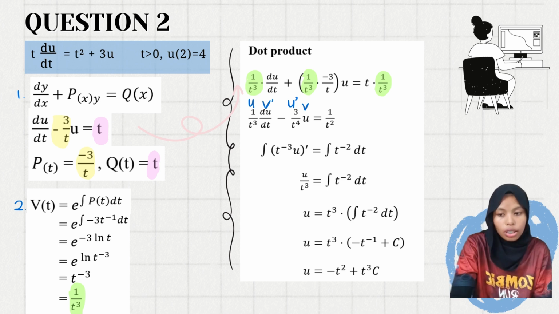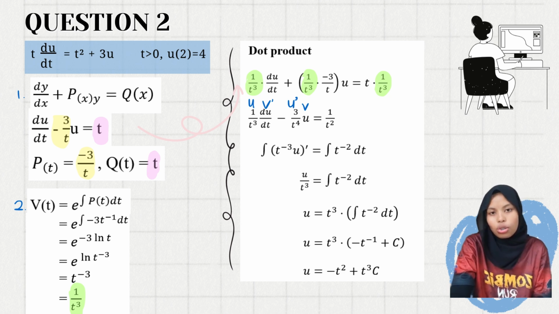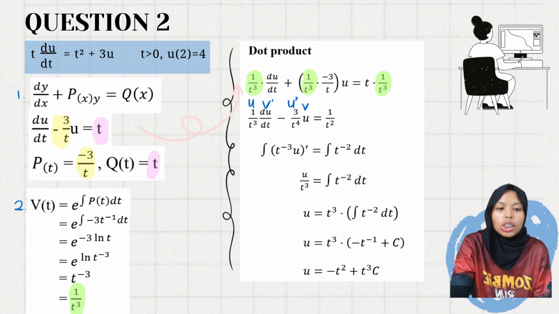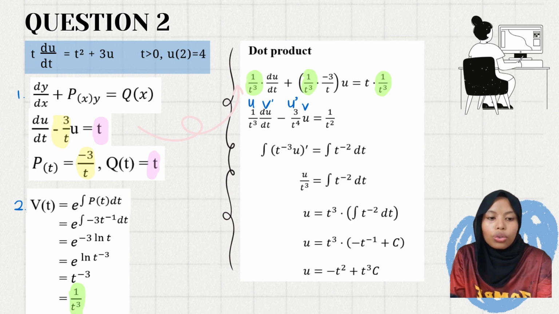From the left hand side, we just take t to the power of minus 3 times u, because when the integration and the differential are combined, there is nothing changed. Besides, we just want to find u. So we have to put t cube to the right hand side, then we can integrate the right side. So now we got u equal to negative t squared plus t cube c.